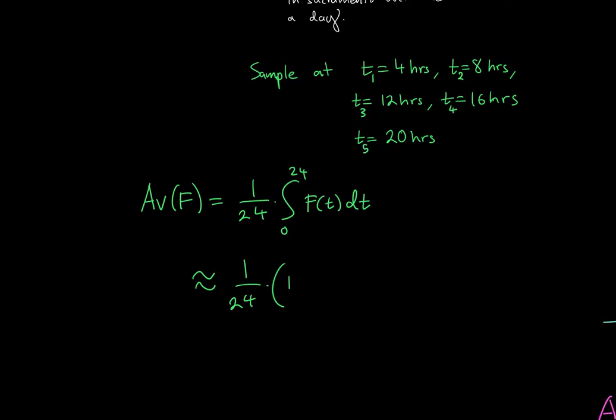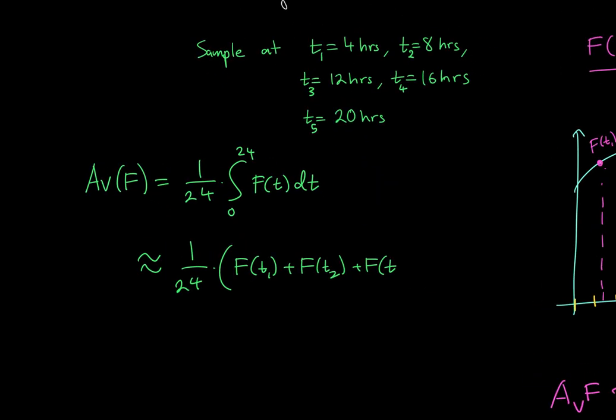This is a huge approximation. f of t sub 1 plus f of t sub 2 plus f of t sub 3 plus f of t sub 4 plus f of t sub 5.